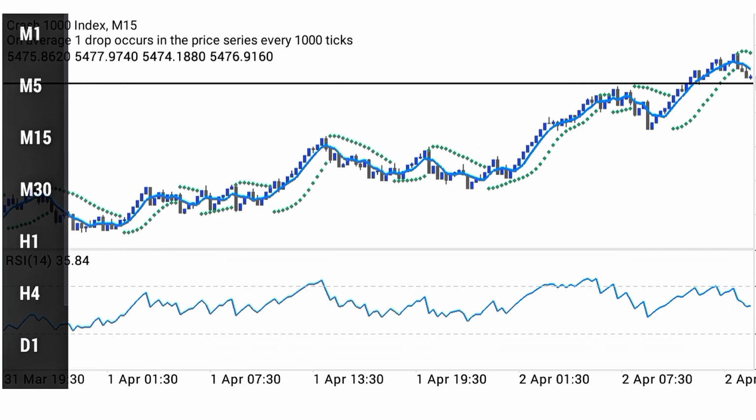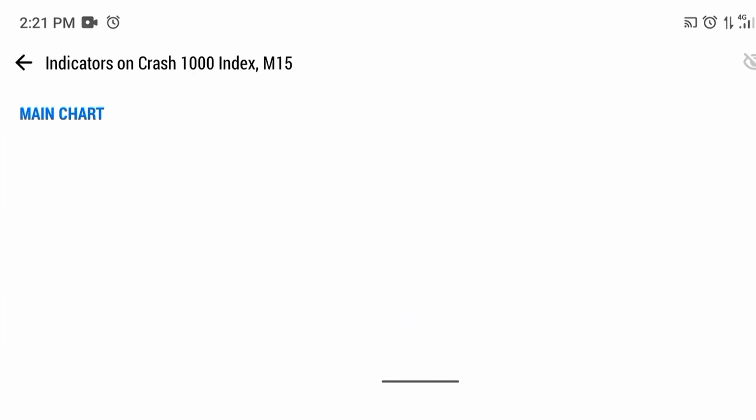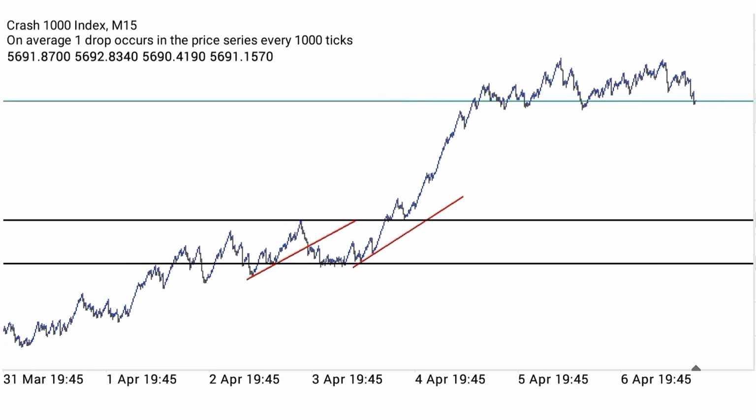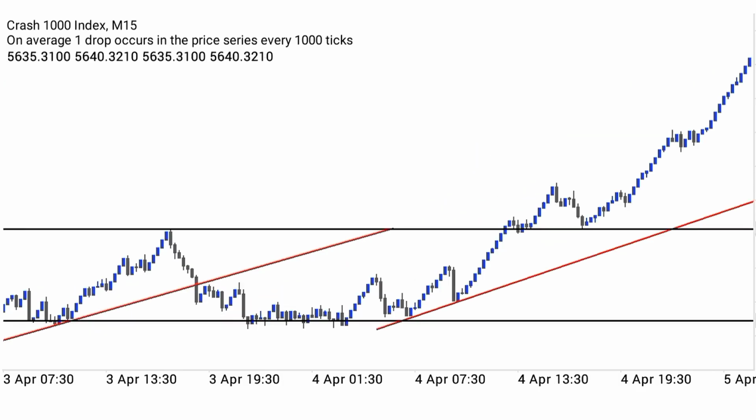But before that, let me remove all these indicators from my chart. Now I have removed the indicators. I want to teach you guys a price action trading strategy that you can use for derived synthetic indices.